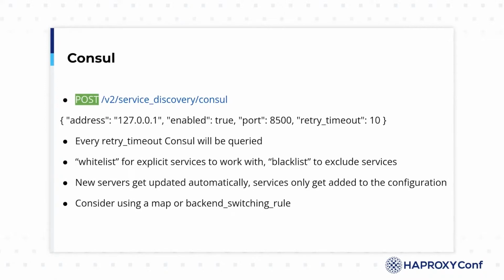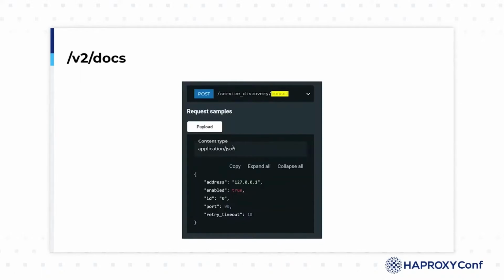You can have Consul export a DNS record, and it will respond to DNS SRV records, so you can just put the DNS name into HAProxy with a resolver section, and HAProxy will automatically do DNS resolutions and get the information from Consul that way. But you can also do it via the API if you want to. Multiple options depending on what works best for your environment. And again, you can go to the V2 docs and search for Consul, and you get the details for exactly how to perform that operation.